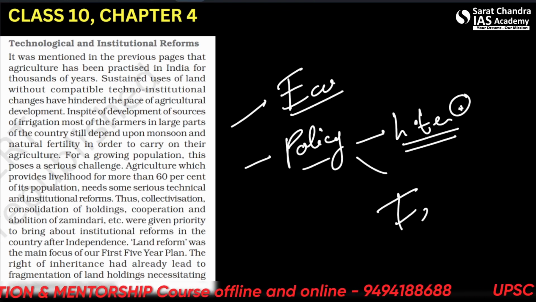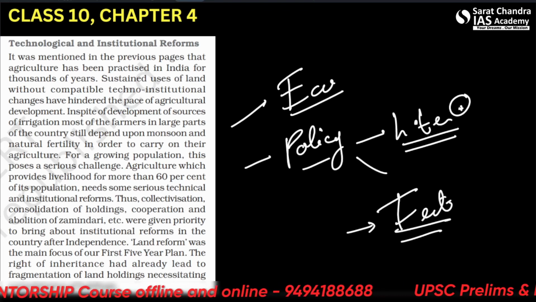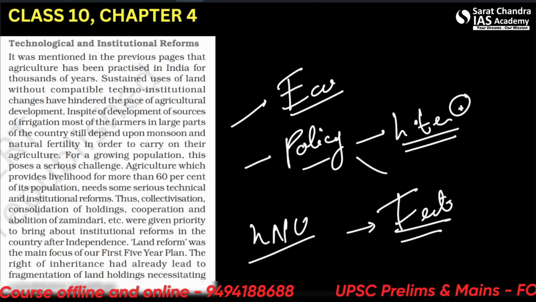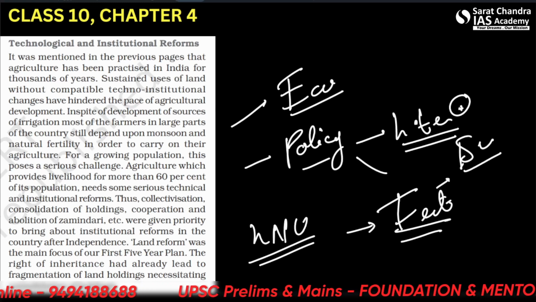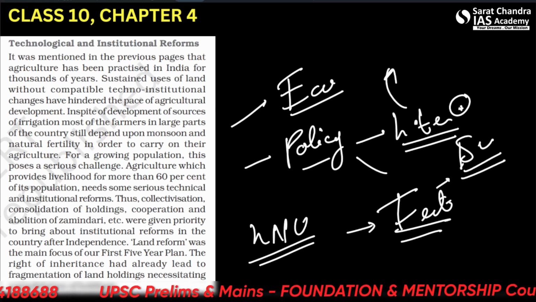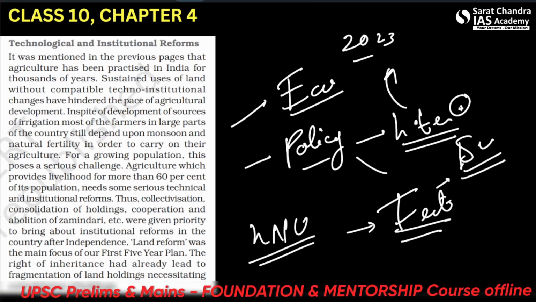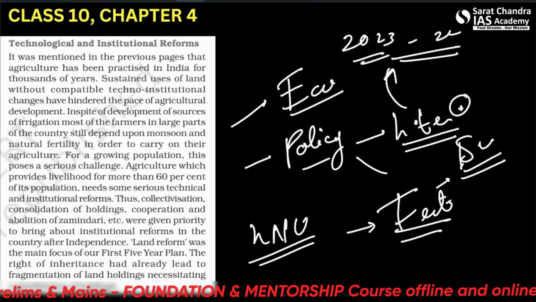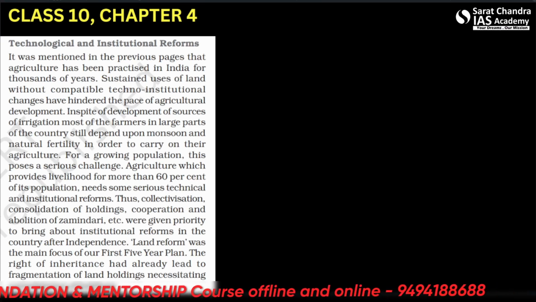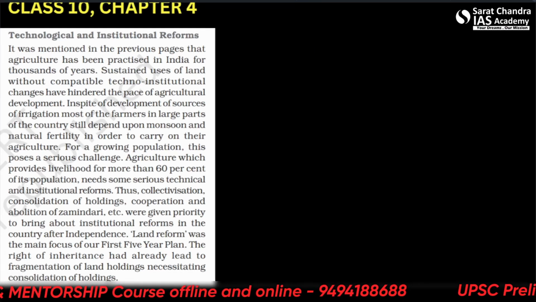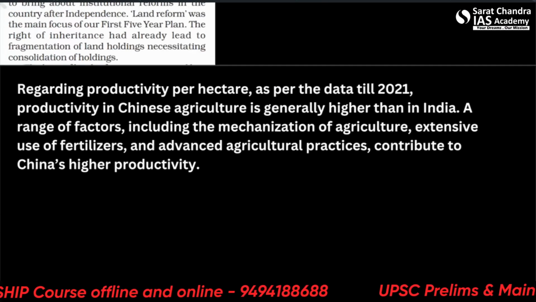New fertilizers have been developed, such as liquid nano urea. And there is fertilizer subsidy also. So right now, even in 2023, 2022 or this decade, productivity remains the main feature or challenge that is involved. Let's now talk about the third statement finally.